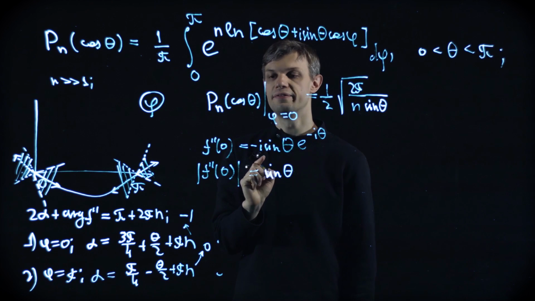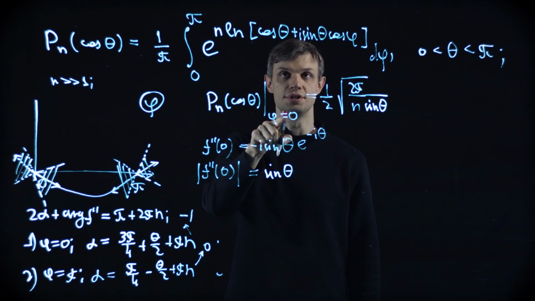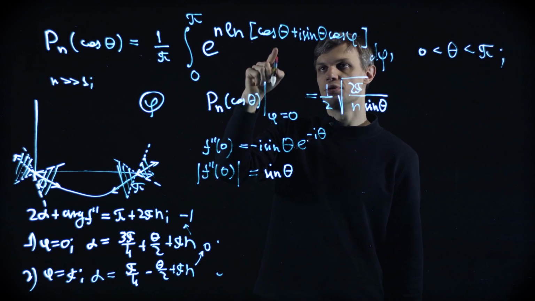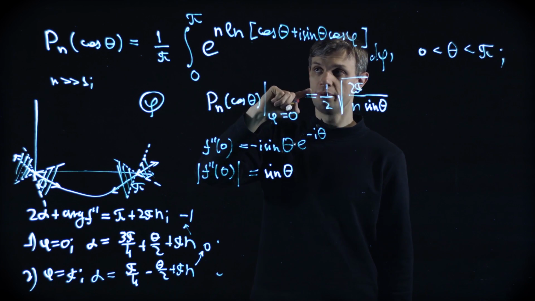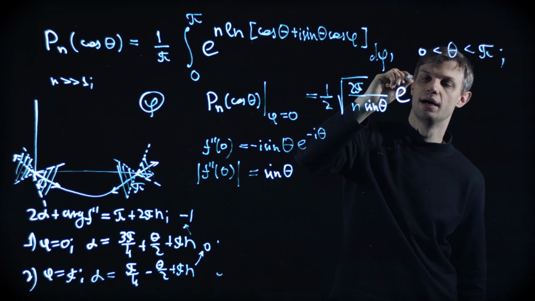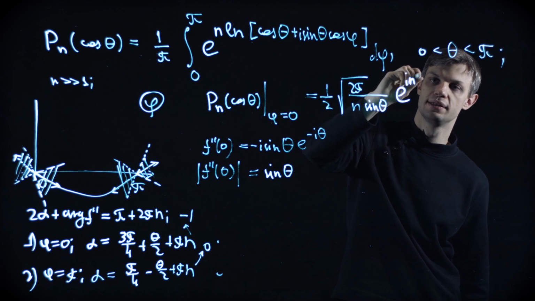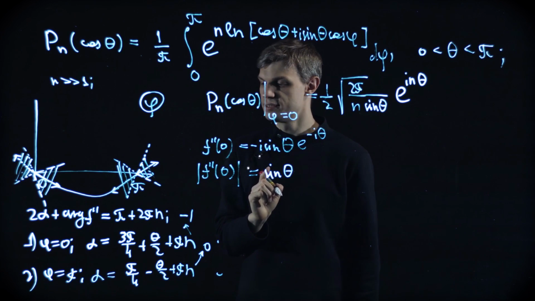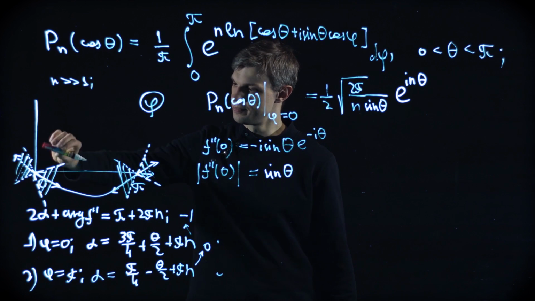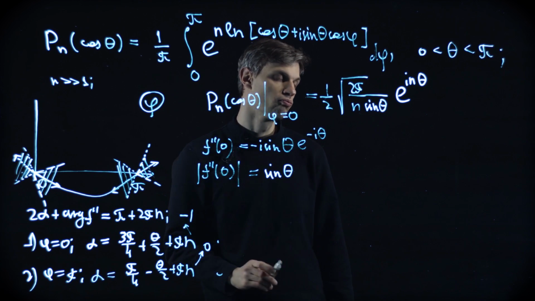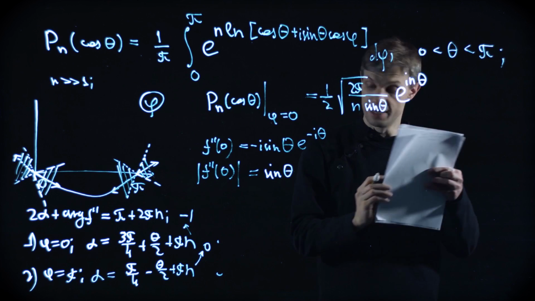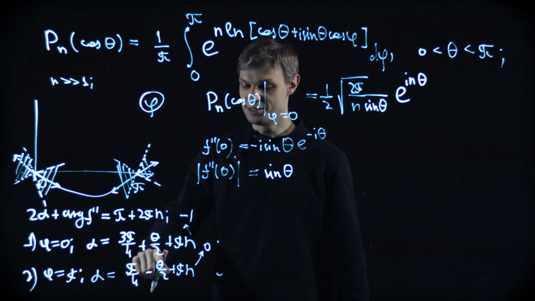Now we need to compute the value of our f function at phi equal to 0. We actually did this before, right? It was just a simple exponential, e to i theta. When we take a logarithm of it, we get just i theta. So here it's just e to the i n theta. Then there is a steepest descent direction slope, which for phi equal to 0 is minus pi by 4 plus theta over 2, of course.